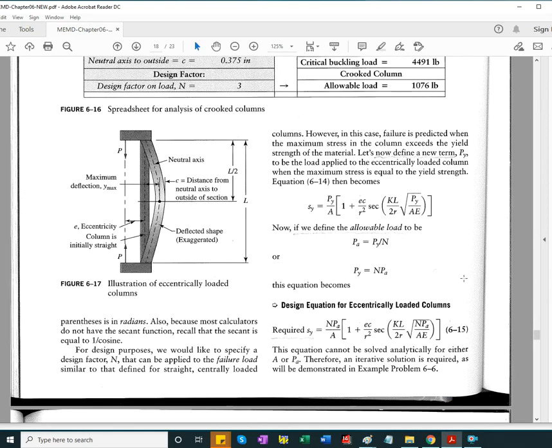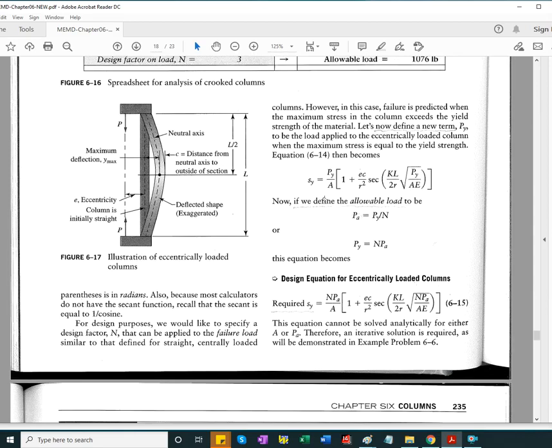Okay. We can define the allowable load as a fraction of the load that's causing yielding of the material, by dividing by the design factor. And usually it's 2. There is a section where design factor selection is discussed.